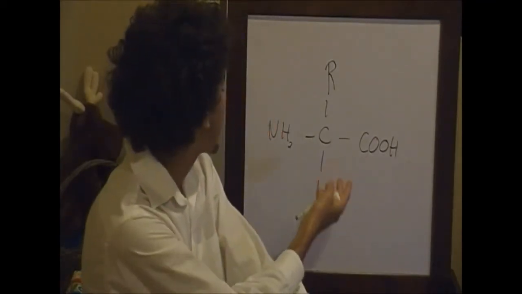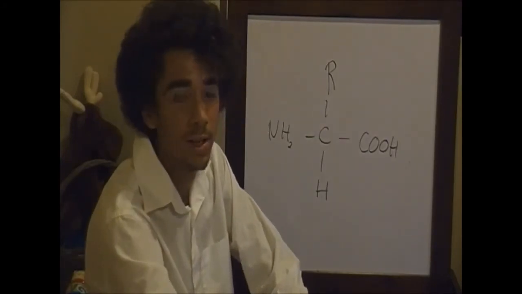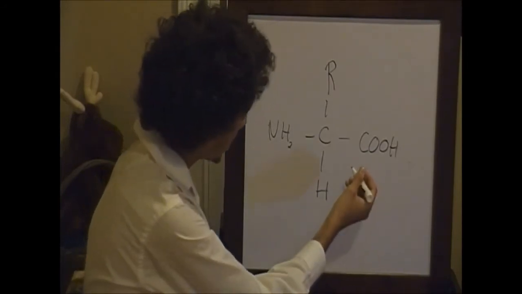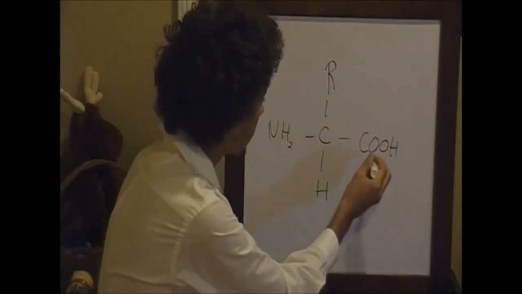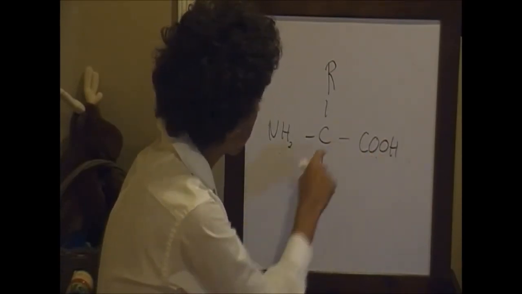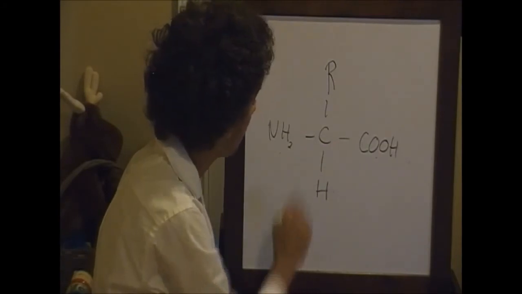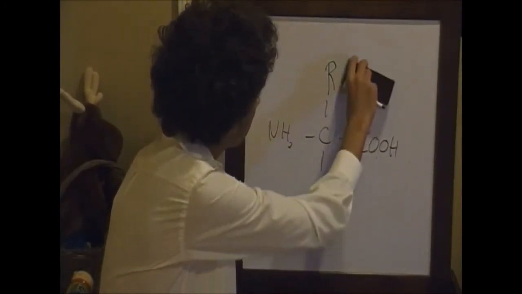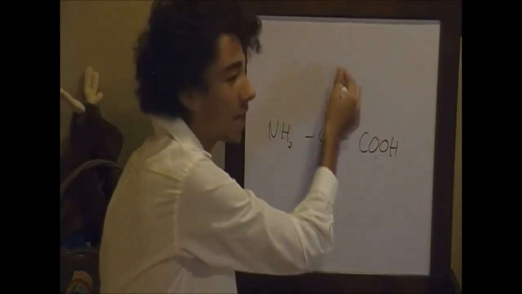And this is a very basic molecule of what an amino acid is. So you're going to have all these components, and these are the necessary components, these 3. And you're always going to have a central carbon atom right here. But this R right here, this is a spot where you can chain on more amino acids.